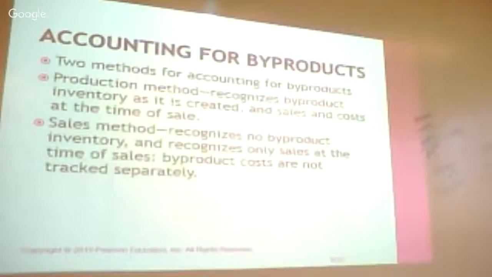So which one would be easiest? The sales method. Under the sales method, the byproduct's costs are allocated to the product itself, so there's no cost for the byproduct. On their books, it would basically be pure profit. Whereas under the production method, we allocate some of the costs of production to the byproducts.